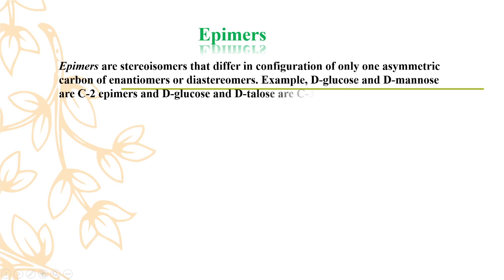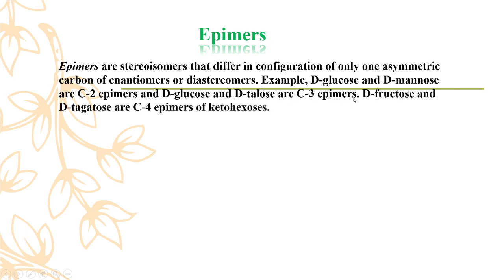For example, D-glucose and D-mannose are C2 epimers, and D-glucose and D-talose are C3 epimers. D-fructose and D-tagatose are the C4 epimers of the ketohexose. That means the epimers are diastereomers or enantiomers, but with a difference in the configuration of only one asymmetric carbon atom.